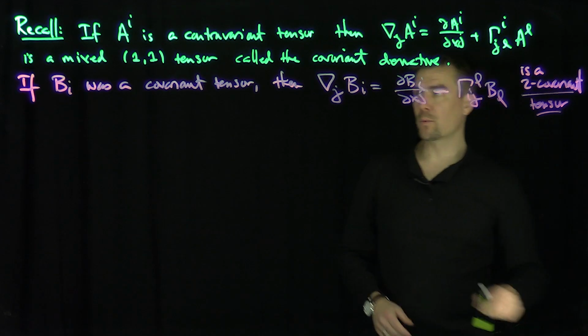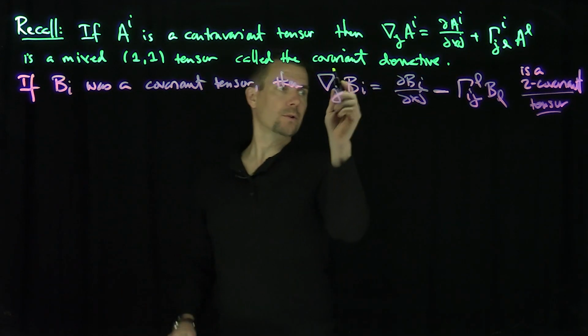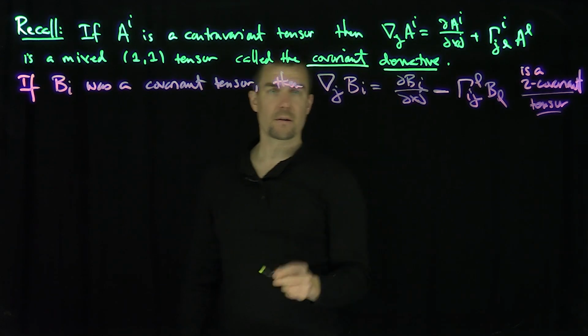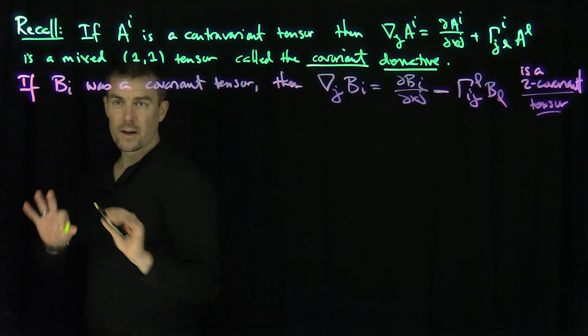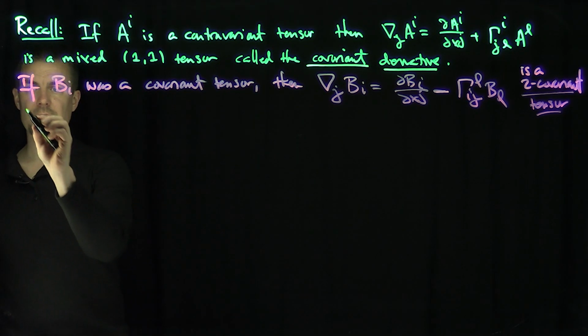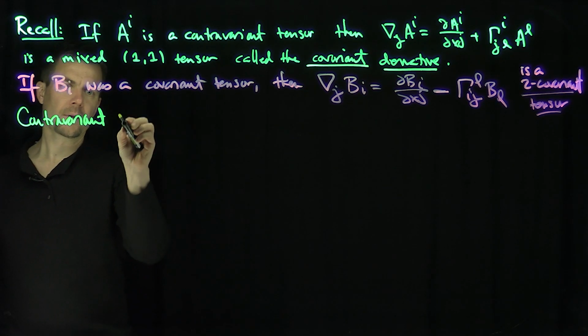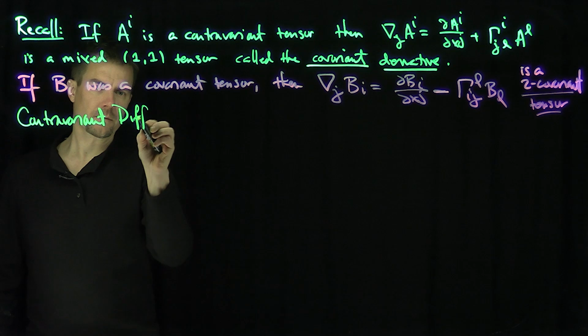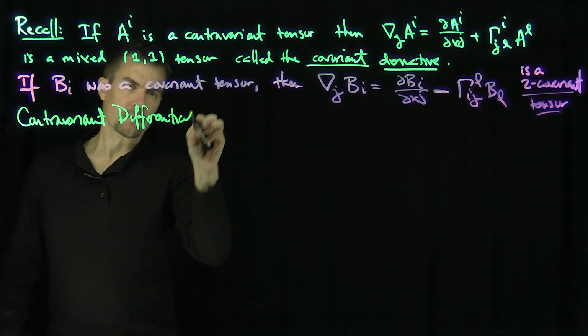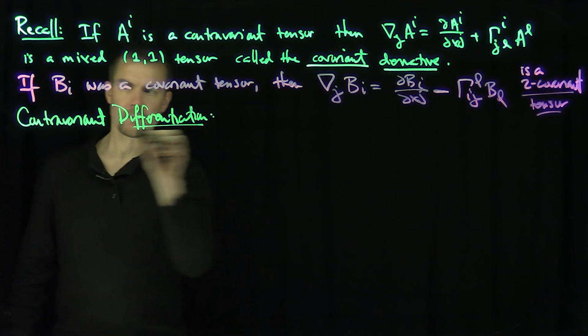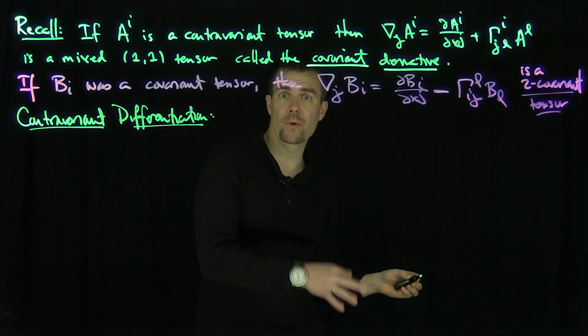Then there comes the issue that, well, you've defined covariant derivative. How do you do contravariant derivative? Contravariant differentiation is not any different. It is obtained just by raising the index.